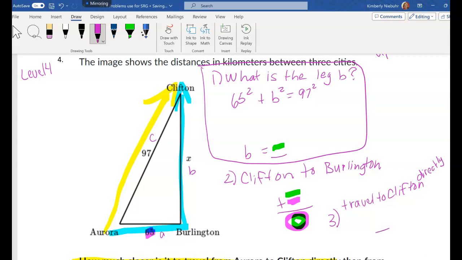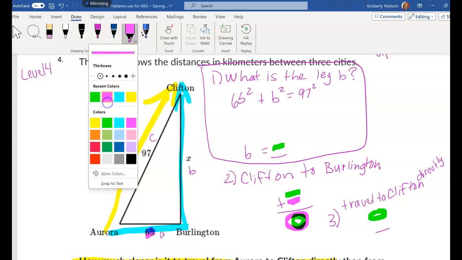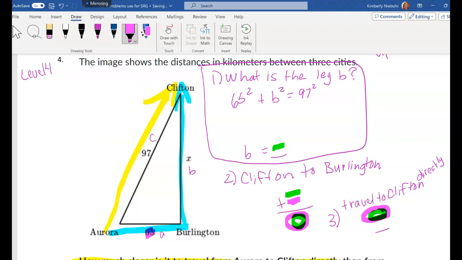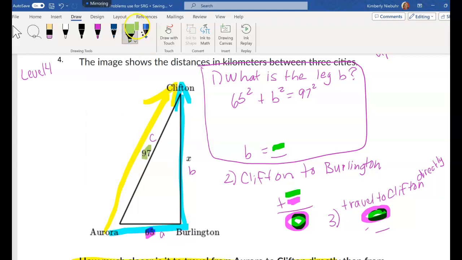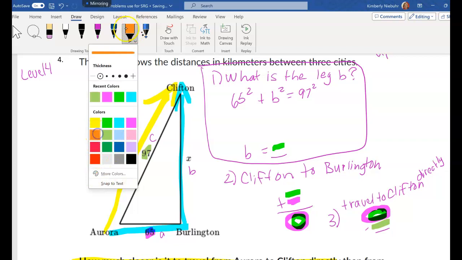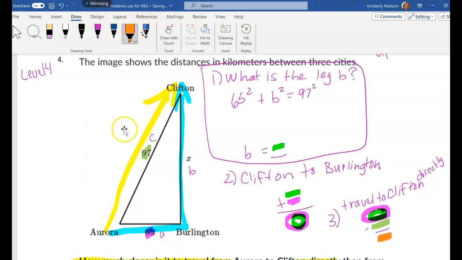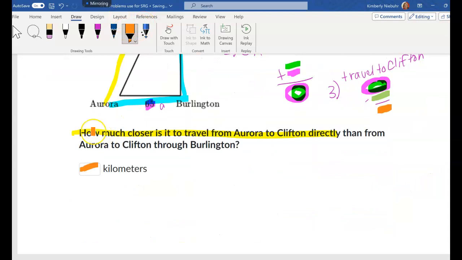We're going to subtract whatever we got here, this answer, from this. And that is going to give us, I hope you're still with me here, what's in orange is going to give us the answer here.